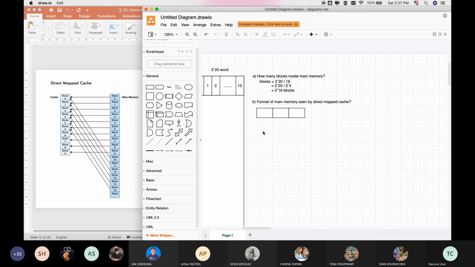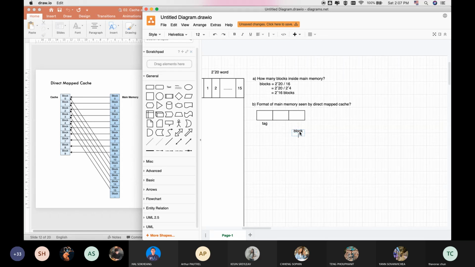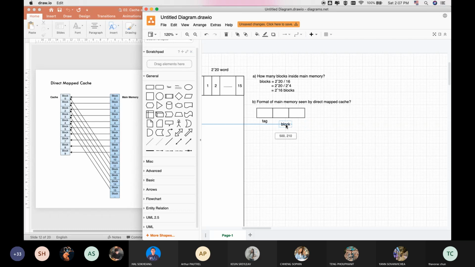The first section is the tag, then the block section, and then the last one is the word.